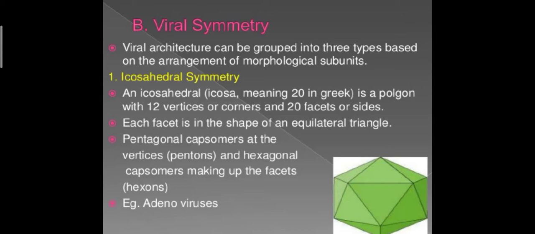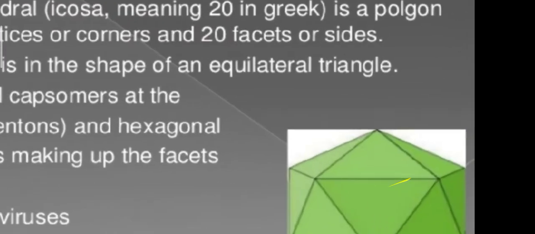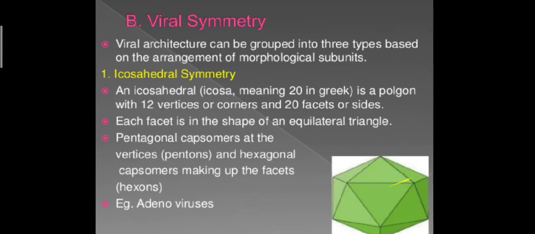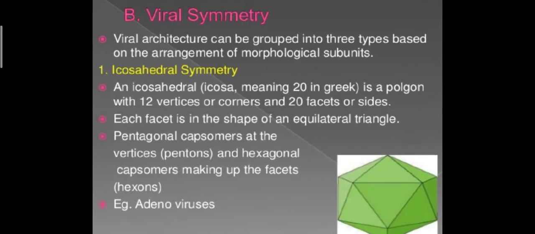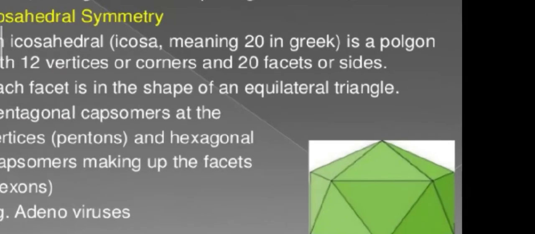Each facet is in the shape of an equilateral triangle. You can observe this picture, the equilateral triangle, like the 20 facets that you observe in this particular virus. An icosahedral type of virus is adenovirus. If you see the structure of adenovirus, you can observe it like this.